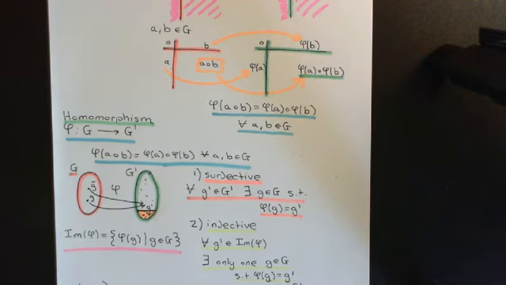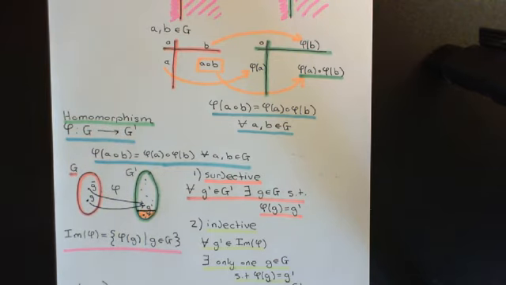If a mapping is one-to-one, it means that any element in the codomain group which does have an element in the domain group being mapped onto it, so any element in the image of the homomorphism, which is just the subset of the codomain group that actually does have elements being mapped onto it, needs to have just one element in the domain group being mapped onto it. So you can't have loads of elements in the domain group being mapped onto one element in the codomain group if the mapping is going to be injective.